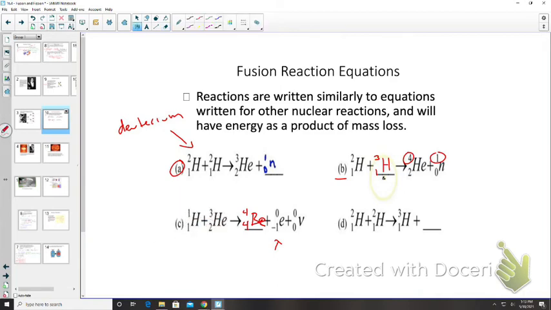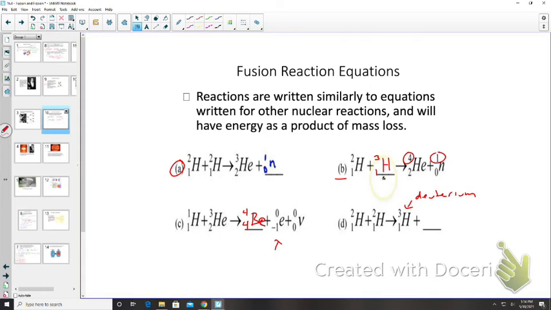So we're happy there. Okay, so for this last one, so we have hydrogen and hydrogen coming together to form hydrogen 3. Okay, and now I'm thinking that hydrogen 3 is actually deuterium. Because hydrogen 2 would be 1 proton and 1 neutron.